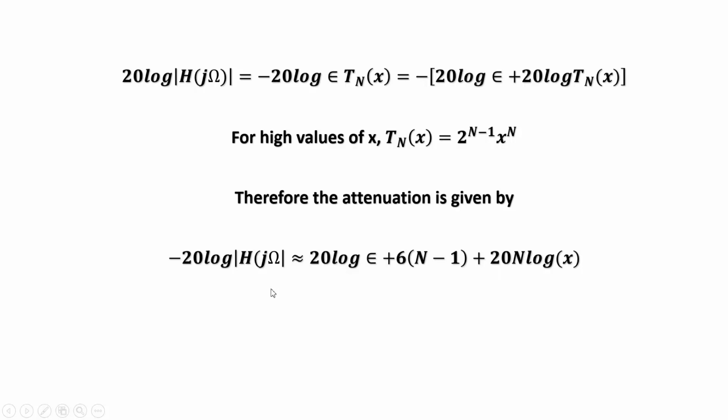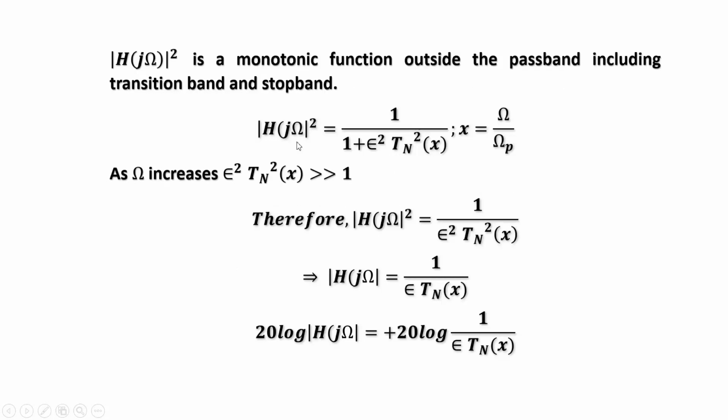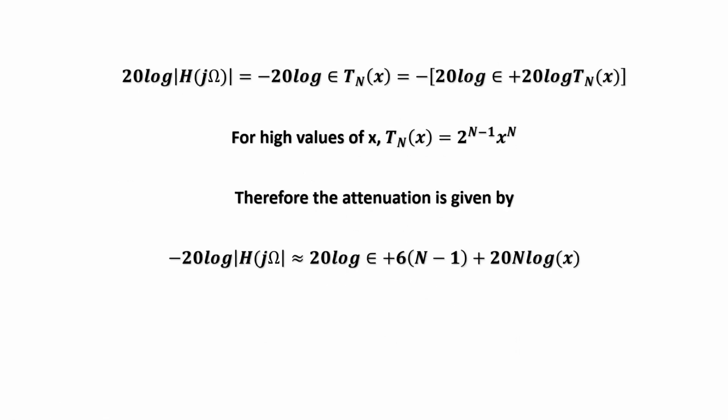So this will be the final expression for the attenuation in the case of Chebyshev filters. We started from the squared magnitude response, then approximated it for large values of frequencies, and then took 20 log to put it in the dB scale. This is our final expression.